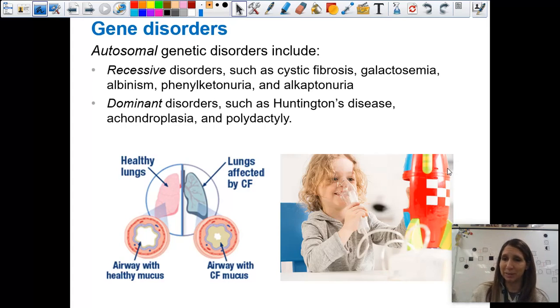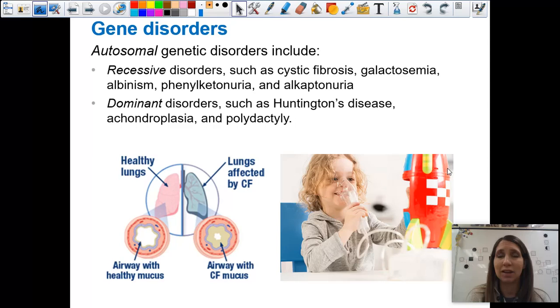That's also dominant, which is interesting because that means that 2 individuals that are dwarfs actually could have a normal sized child, if they just had 1 copy of that dominant allele. And then polydactyly is where you have extra fingers and extra toes. I don't have extra fingers or toes, but it would be like individuals that sometimes have 6 and can have a little projection growing off the side there.